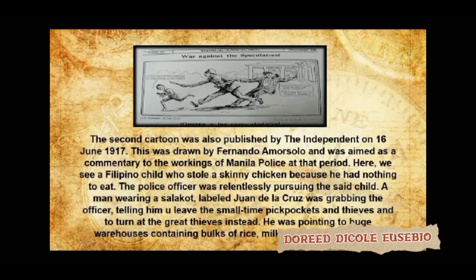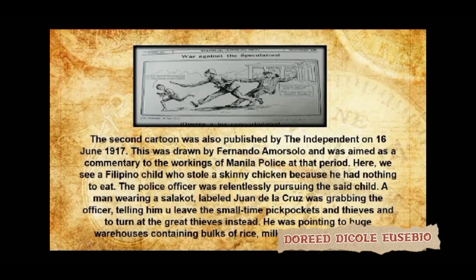The second cartoon was also published by The Independent on 16 June 1917. This was drawn by Fernando Bersolo and was aimed as a commentary on the workings of the Manila Police. Here we see a Filipino child who stole a skinny chicken because he had nothing to eat. The police officer was relentlessly pursuing the child.